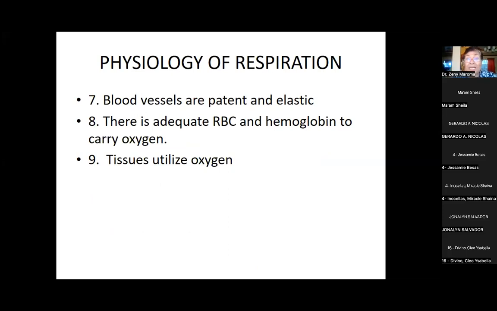Seven, blood vessels are patent and elastic. So we're talking about the artery, arteriole, capillary, venule, veins. So ito yung pathway for transportation of oxygen. Patency. What could affect the patency of the blood vessels? It could be obstructed by atherosclerosis and arteriosclerosis.